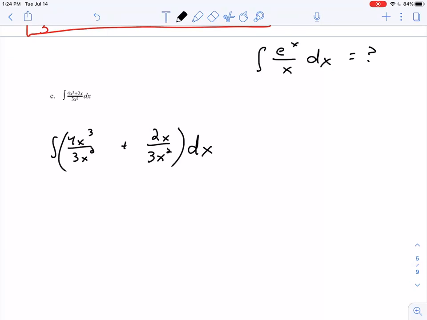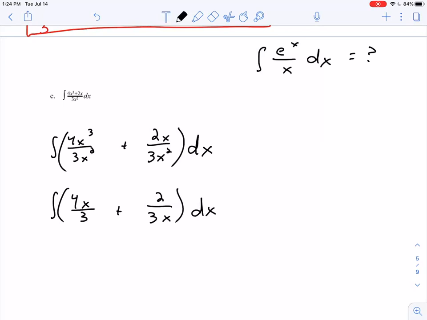I just do it without even thinking. And at this point, I can say, okay, we can simplify each of these two terms. I can say, well, 4x cubed over 3x squared, that's really 4x divided by 3, plus over here, this is 2 over 3x dx.